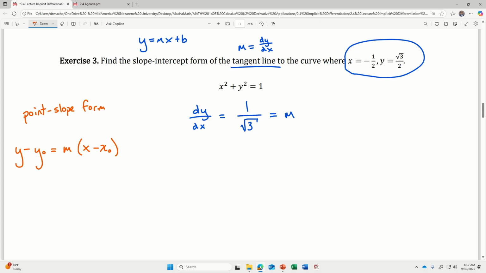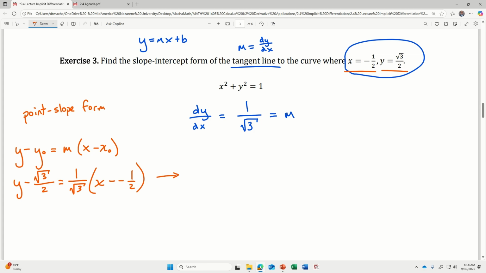And for this point slope form, I can use this x and this y as the point that belongs to my line, and 1 over square root 3 as my slope. And there we go. So that's everything plugged in.